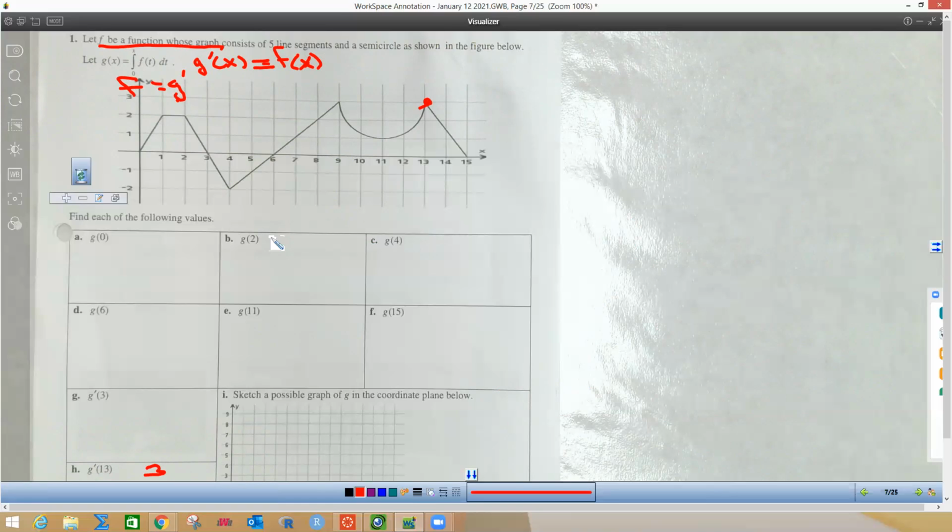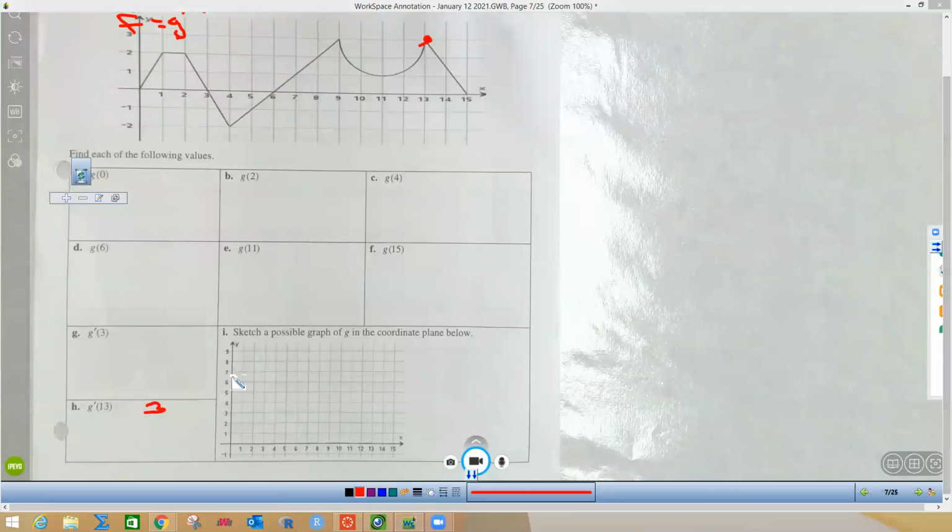Then you're talking about H down here? Okay, so when I look at H, it's saying, what's the value of G prime when x is 13? And since this is the G prime graph, that means when x is 13, G prime's the y value, just like it'd normally be the x value, but these two things are equal.